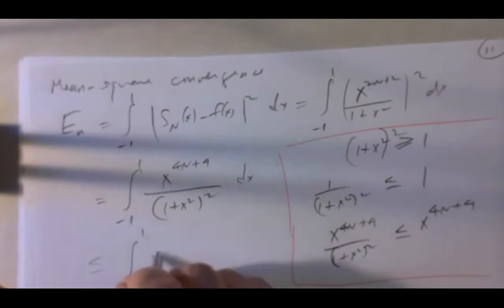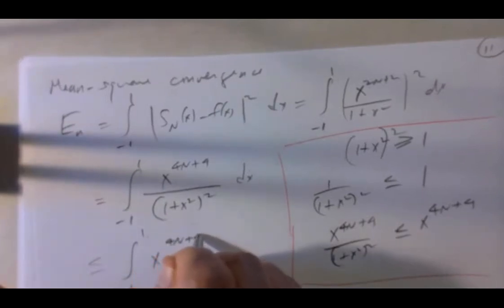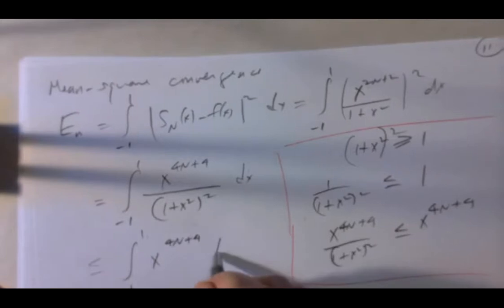So this integral was less than or equal to the integral from -1 to 1 of x to the 4n plus 4 dx, which is 1 over 4n plus 5, x to the 4n plus 5, evaluated from -1 to 1. This is an odd power. -1 to that is -1.